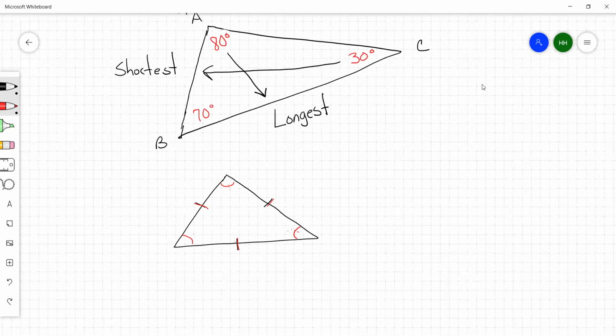Okay, and vice versa. If you were given a triangle and you're told that all the angles are the same, can you order the sides by their length? No, because they're all the same length.